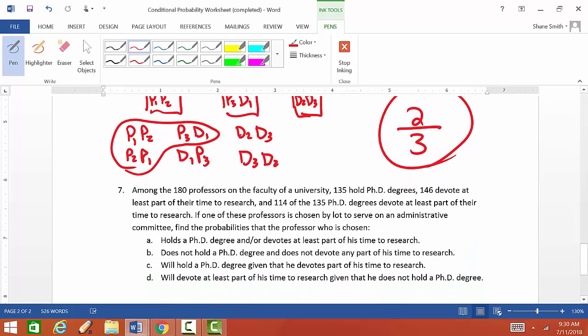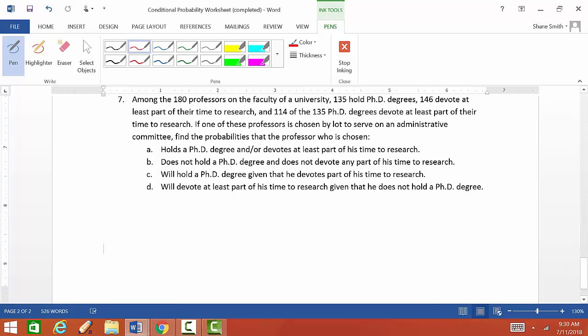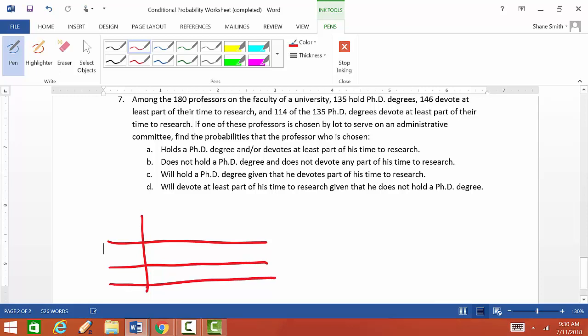All right, the last one is very useful if you use a table, actually. So whenever you have actual counts like this, I would strongly advise making a table. Okay, so we have 180 professors at this university.